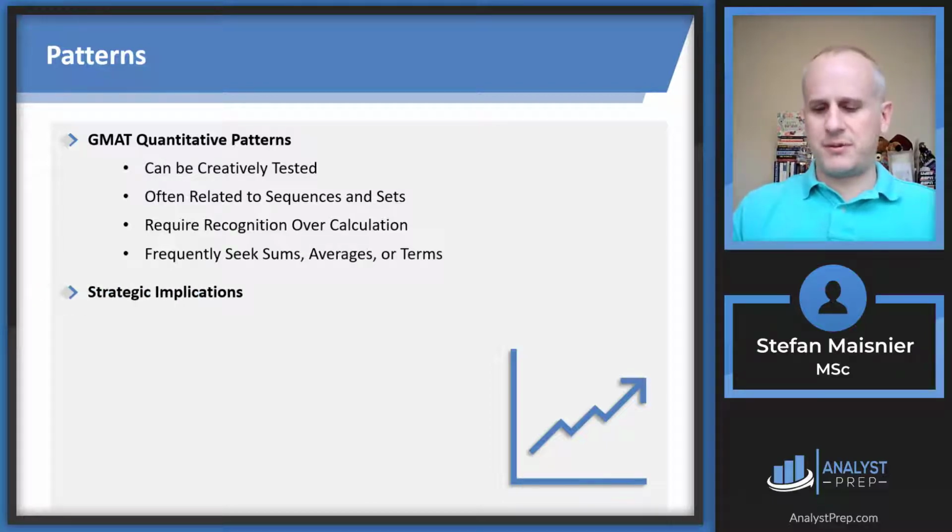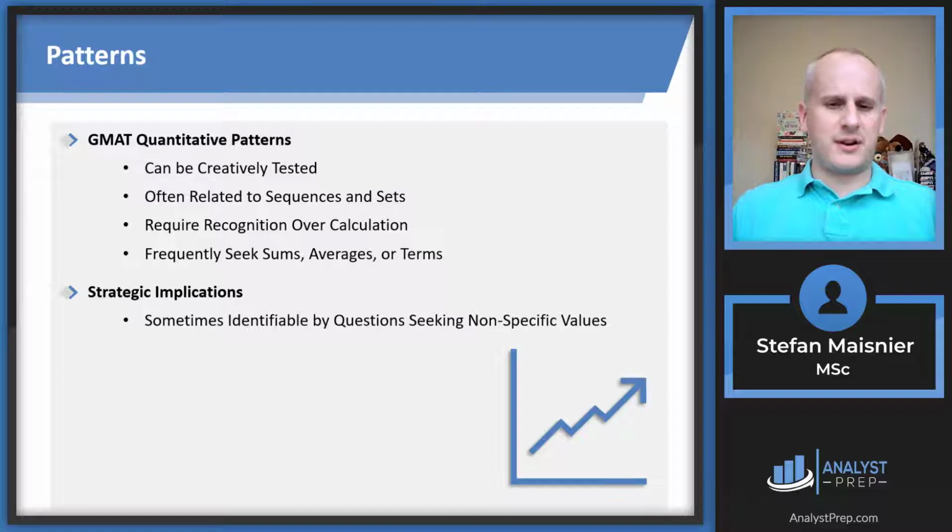Now, the strategic implications: sometimes these are identifiable by questions that are seeking non-specific values. So if they're not asking for one specific thing, maybe a range of things, or like how many 3s are going to occur in the cycle of some sort of repeating decimal up to a certain point, or if you're being asked, what is the units digit of 3 to the 75th, you might be able to just try to find the digit repetition pattern of, say, 3.